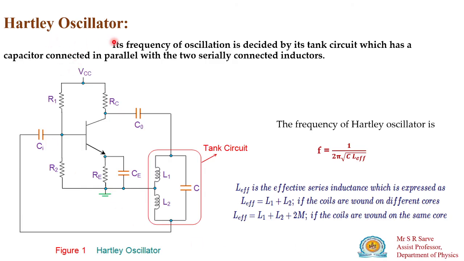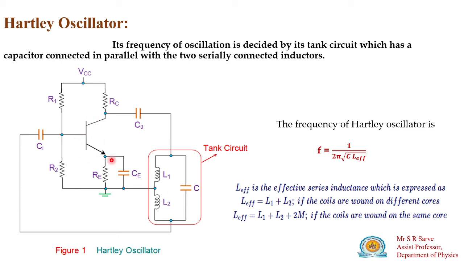Second is the Hartley oscillator. In the case of the Hartley oscillator, the tank circuit consists of two inductors connected in series, and these are connected in parallel with a capacitor. This forms the tank circuit.